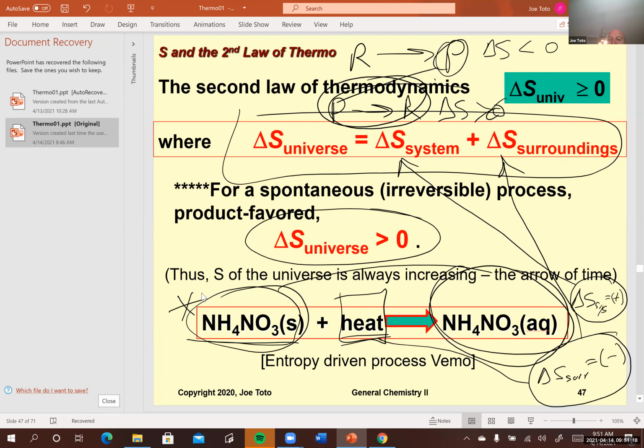So therefore, in this case, for this reaction under room temperature conditions, this term here must outweigh this one. So this is smaller in magnitude and negative, and this is larger in magnitude and positive. So it wins out, makes the delta S of the universe positive. So this reaction is spontaneous. Is that clear?